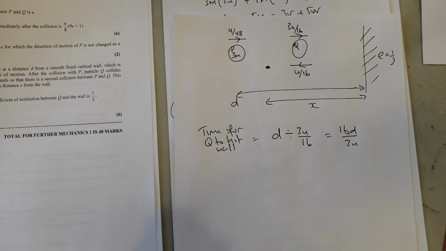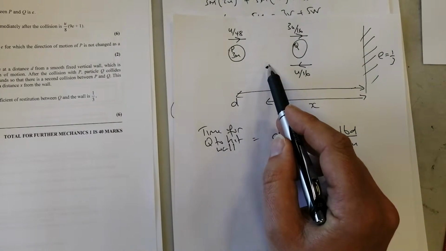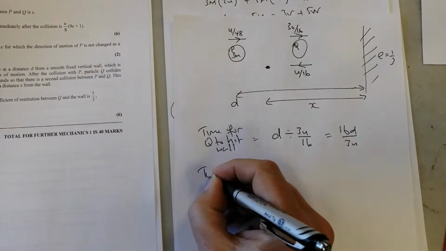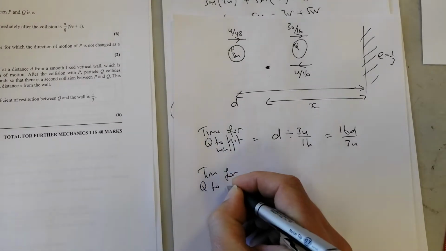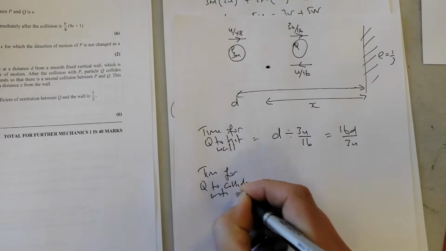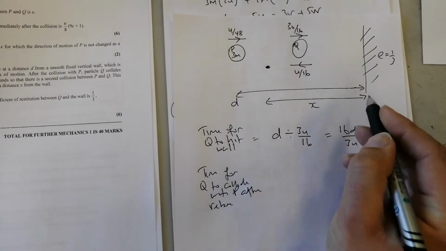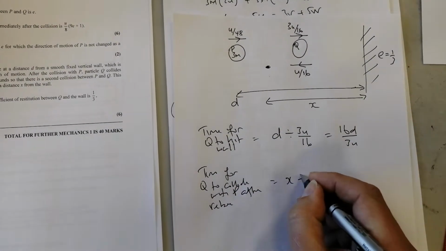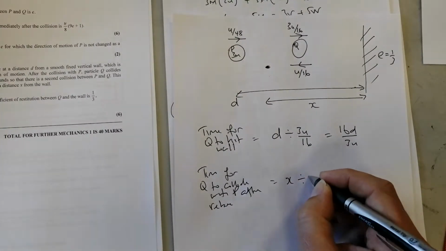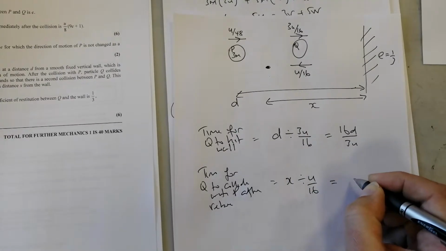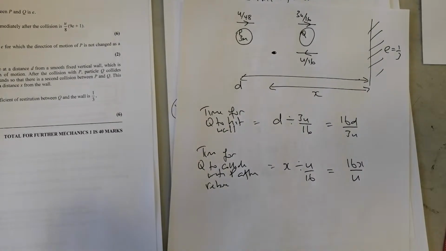And then after Q hits the wall, Q is going to bounce back and hit P. So the time for Q to collide with P after the rebound: it's got to go x, and it's going at u over 16, which is 16x over u seconds.